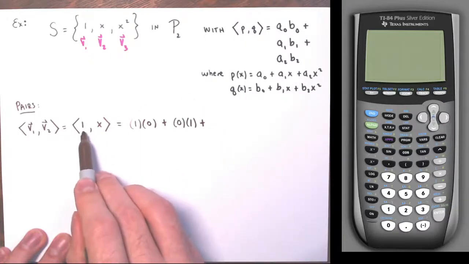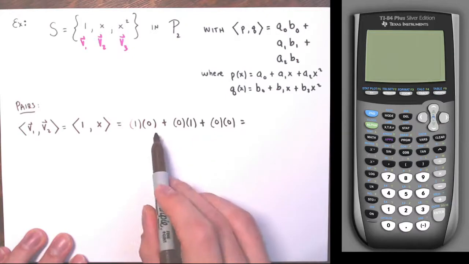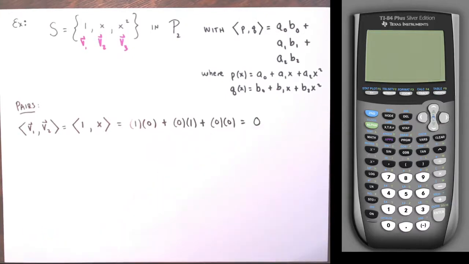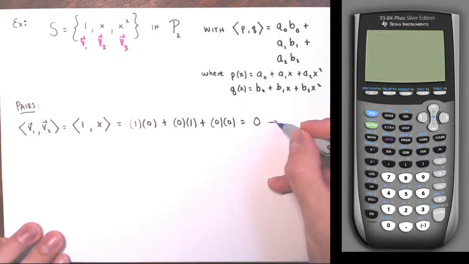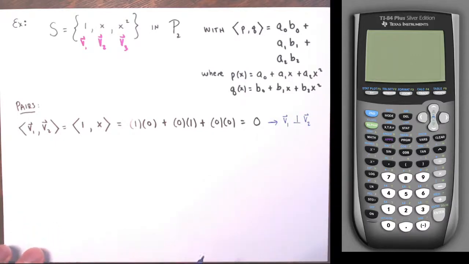Both of them have 0 x squared, so we have 0 times 0. And you can see this is just 0. So under this inner product, vector 1, the polynomial 1, and vector 2, the polynomial x, are orthogonal. But that's just one pair. I've got to do all pairs.